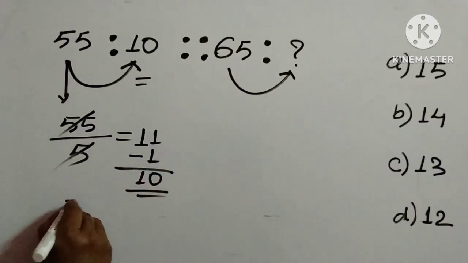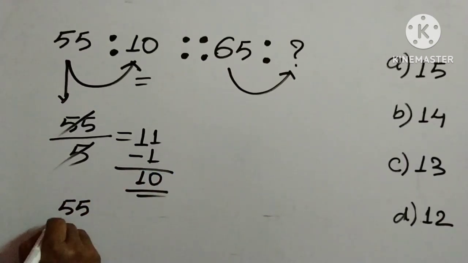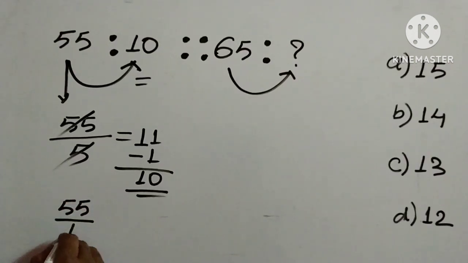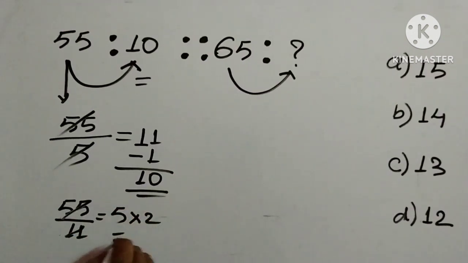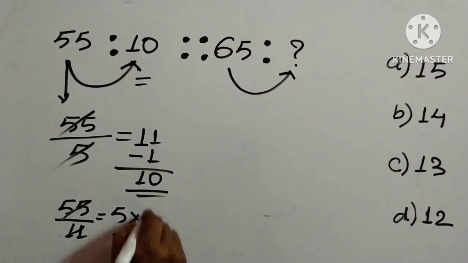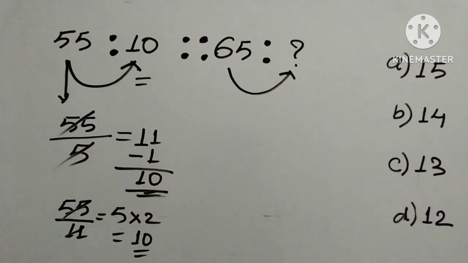We will try in a different way also. Suppose we are dividing it by 11. So it comes to 5. And if we multiply by 2, then it comes 10. So both ways we are getting 10. Now we will proceed with both methods one by one, and we will adopt the method which suits our answer.